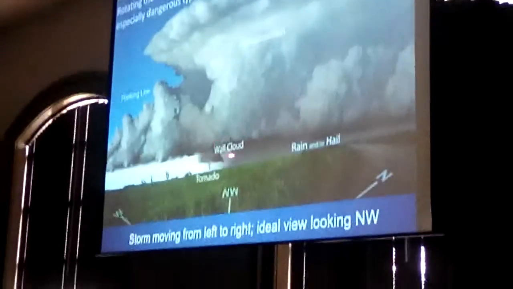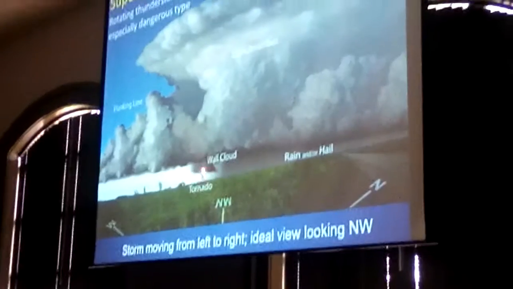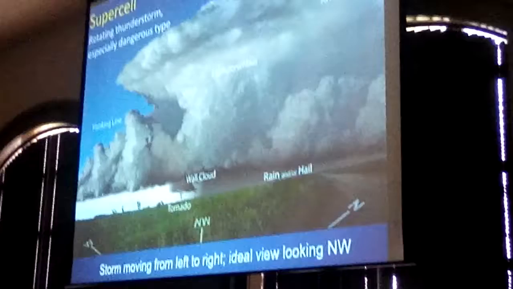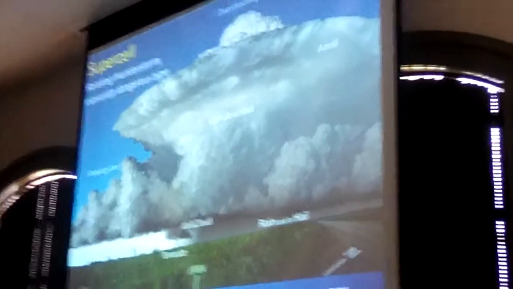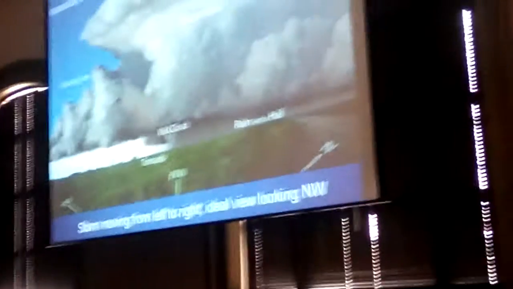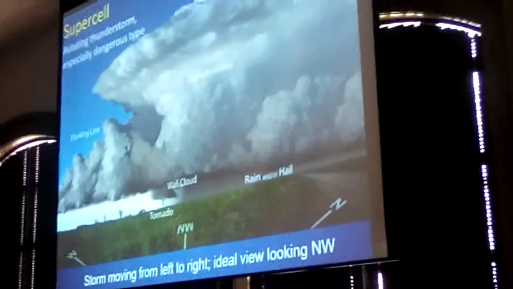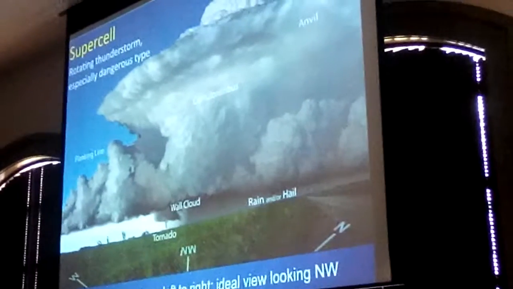At low levels, you've got your wall cloud and tornado with this type of storm. Now in our area, you don't often see all this kind of detail because of all the moisture in the air, all the rain that gets incorporated in. There's a version of this type of storm called a high precipitation supercell, and I'll show you that in a little bit where things look a little different.